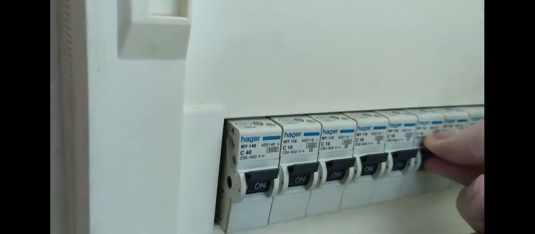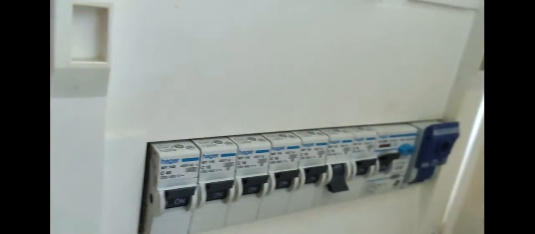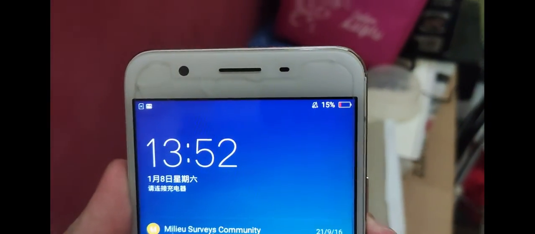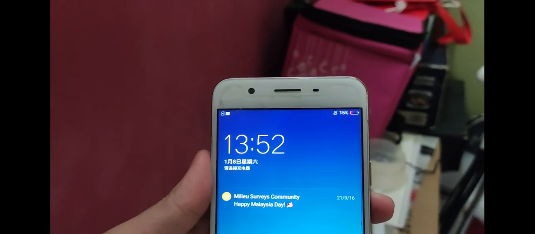This one is for that. And the switch. You can see the plug is on, but the phone is not charging. So that's all from me. Thank you.